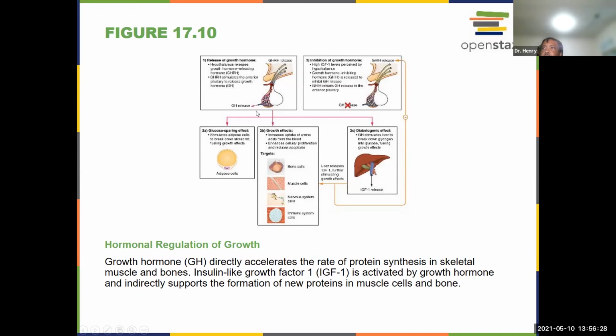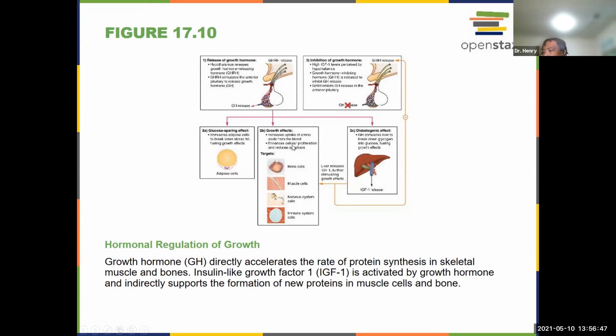One of the effects the growth hormone has is glucose sparing. It's going to stimulate adipose cells to break down stored fat, and they use it for food.